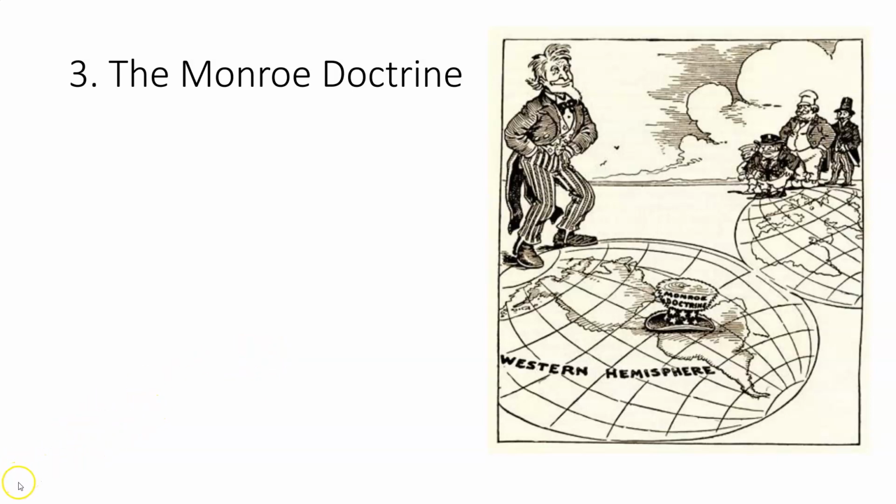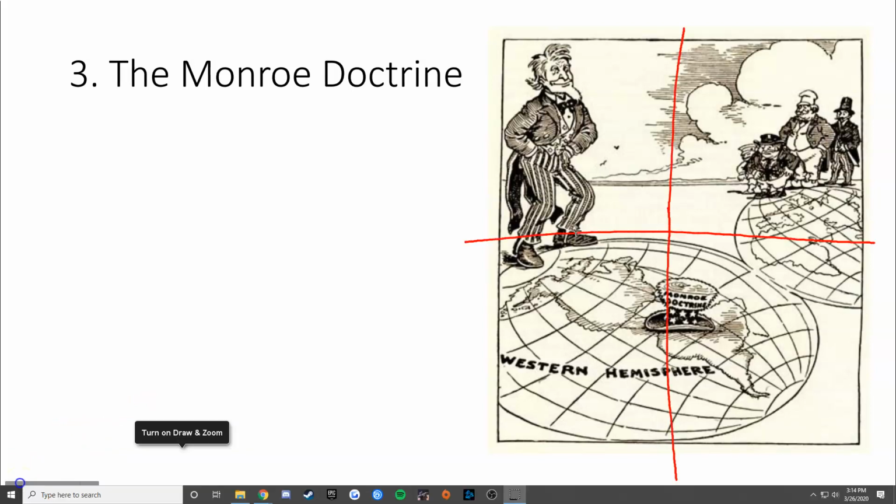So I'm going to try to draw that cross right now. All right, so now we have the cross on there, and on this side you have Uncle Sam, and he represents the United States government. Down here you have part of the globe, the Western Hemisphere. Uncle Sam's hat is across the top of both North and South America, kind of in the middle of this hemisphere here.